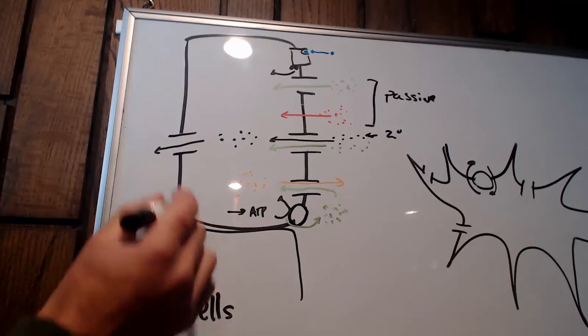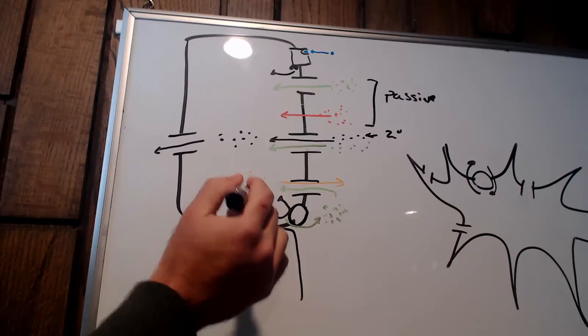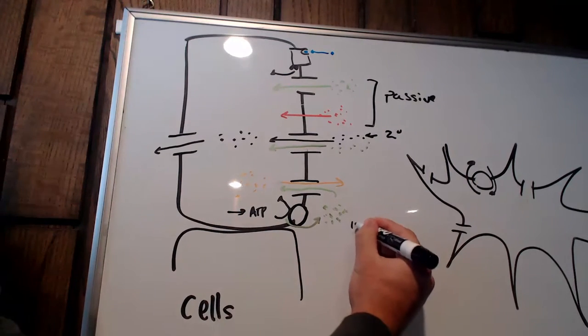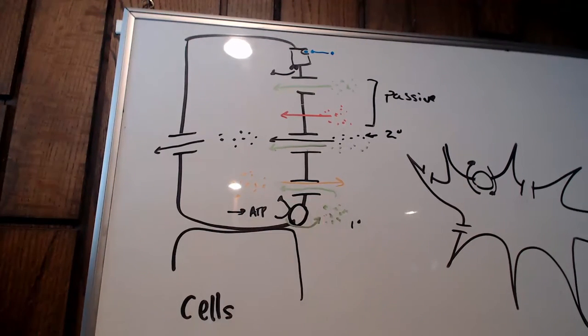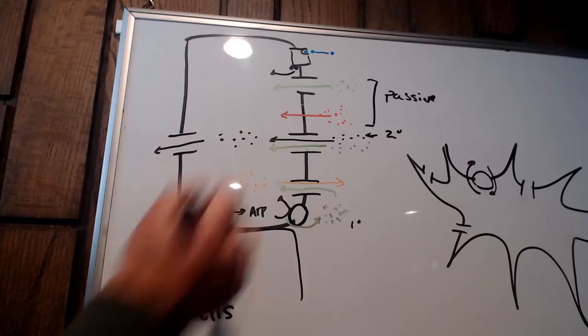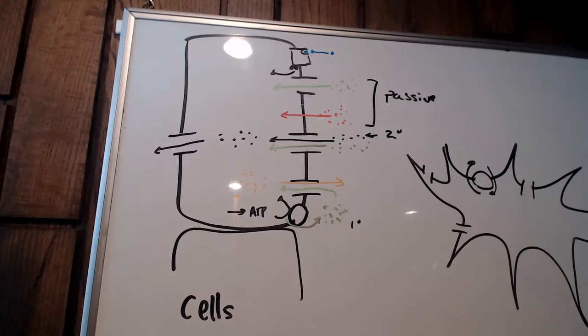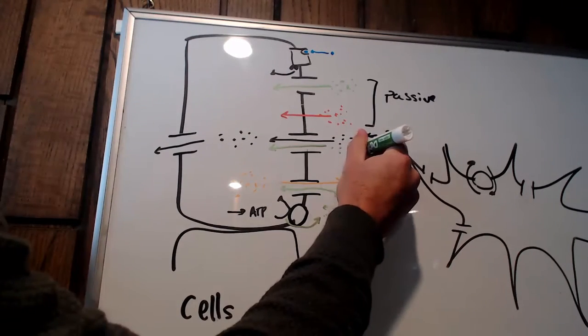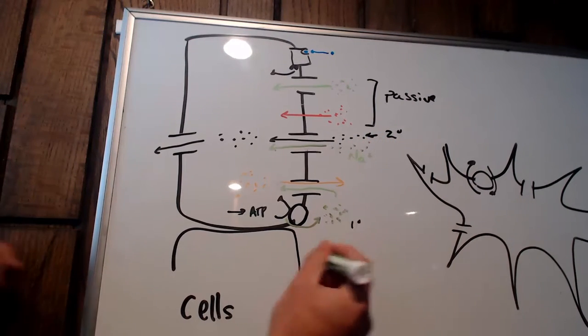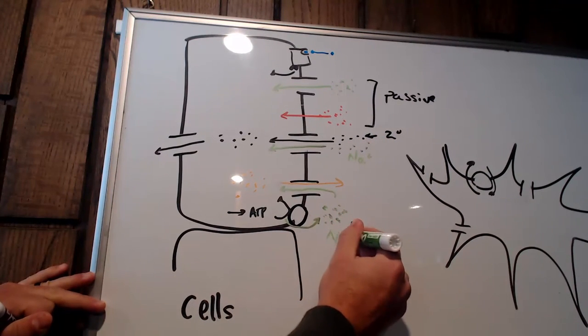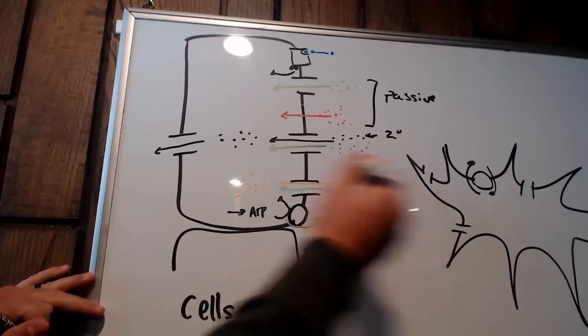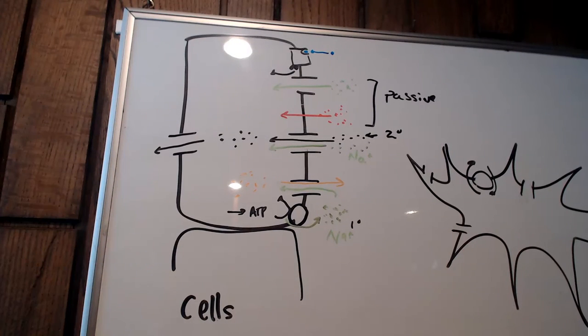We have some sort of primary active transport. So this is primary active transport that is going to move this out. So the movement of this black in, for example glucose, would be dependent on the movement of this green out. So that could be, say, sodium. And then we'd have sodium being pushed out through this pump. So imagine that it could be a sodium-potassium pump or something else.